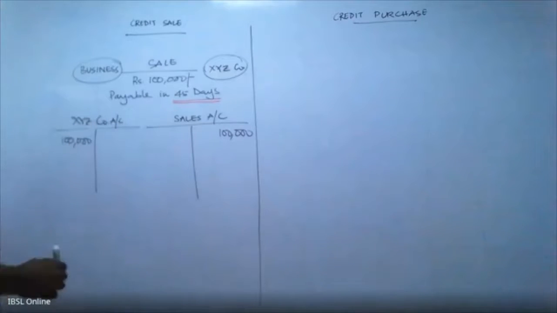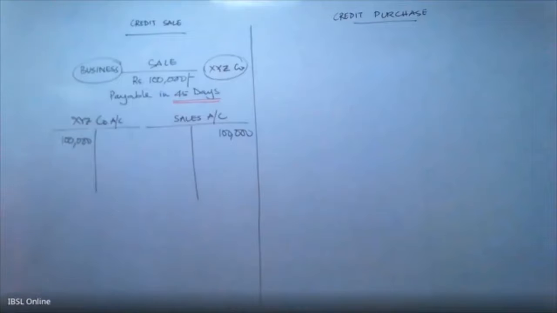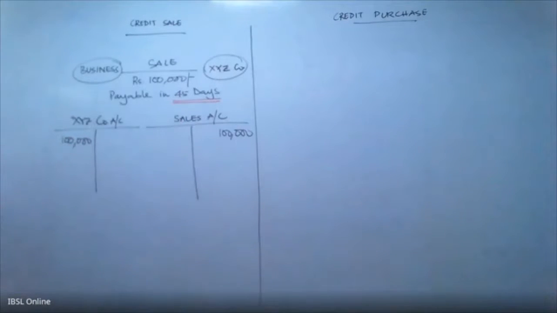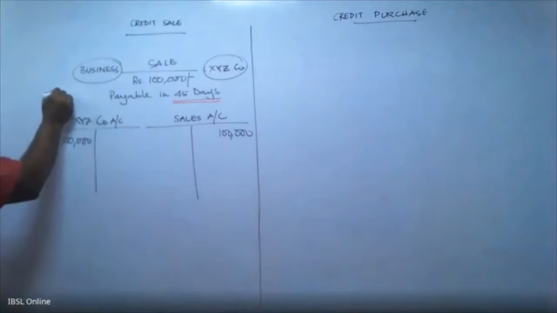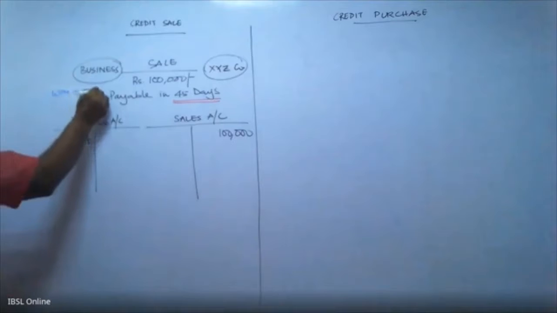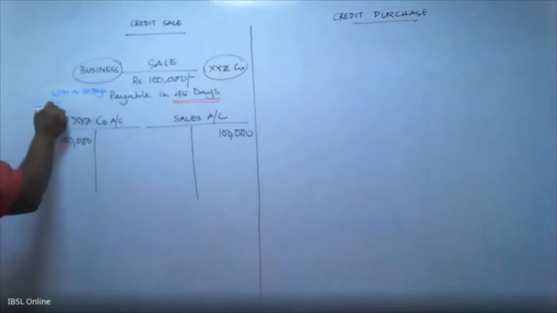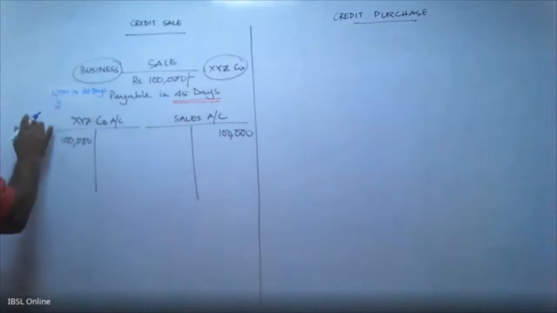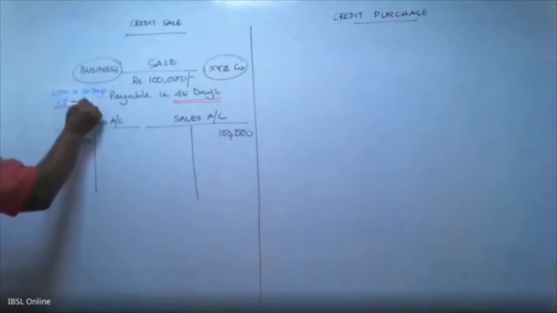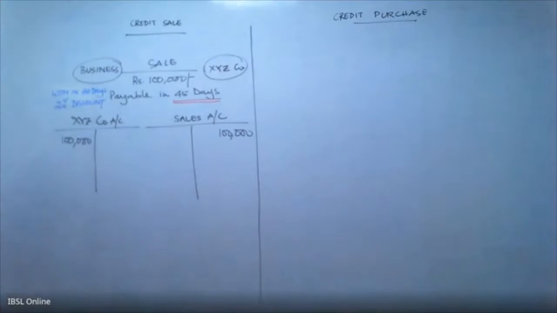Now you are giving a condition to XYZ company that if you pay me within 30 days, I'll give you a 2% discount. Now what is this?